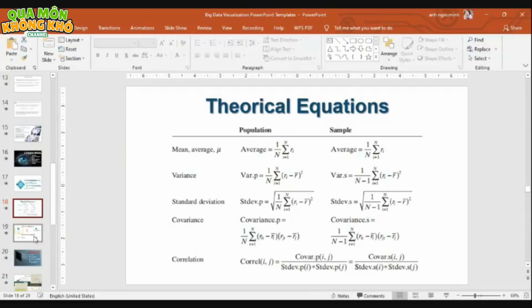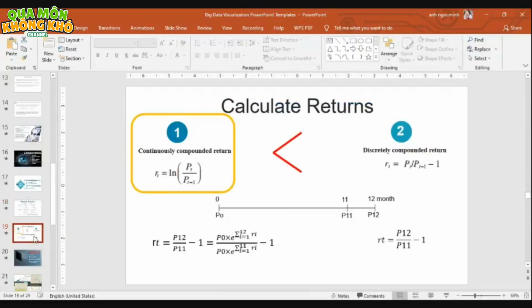Next, I would like to show you the difference between two methods to calculate returns, which are continuously compounded and discretely compounded. As we can see, I take the example of a timeline from 0 to 12 months.